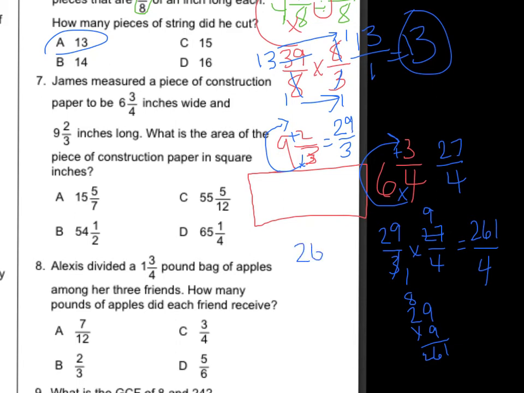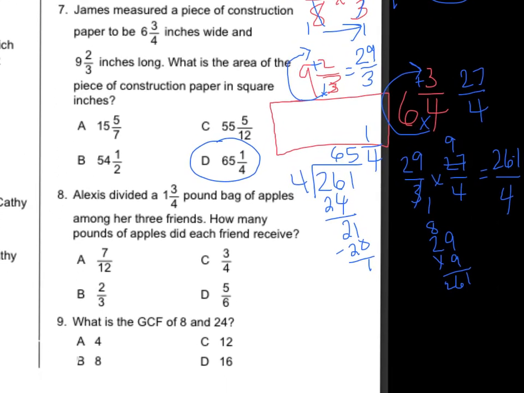Now I have to simplify that. 261, top in, bottom out, T-bow. 65 1/4, right there. A lot of steps involved there. That's why you should have been paying attention in elementary school.